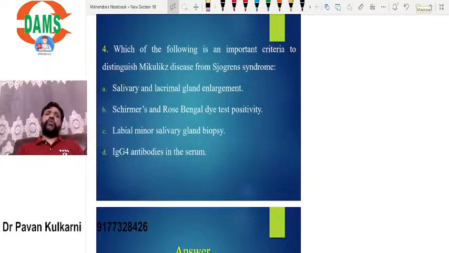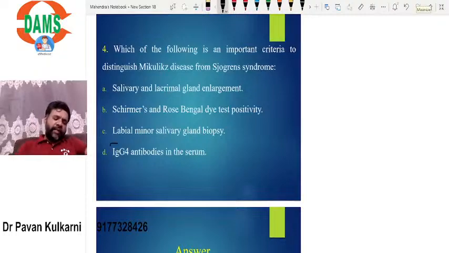Sometimes in Mikulicz also you will see xerophthalmia, dryness of the eyes can be seen. Labial minor salivary gland biopsy, that is also not a specific criteria. I mean to say, it is seen in both. What this MCQ is saying is that out of the 4 options, 1 is unique for Mikulicz. 3 are common.